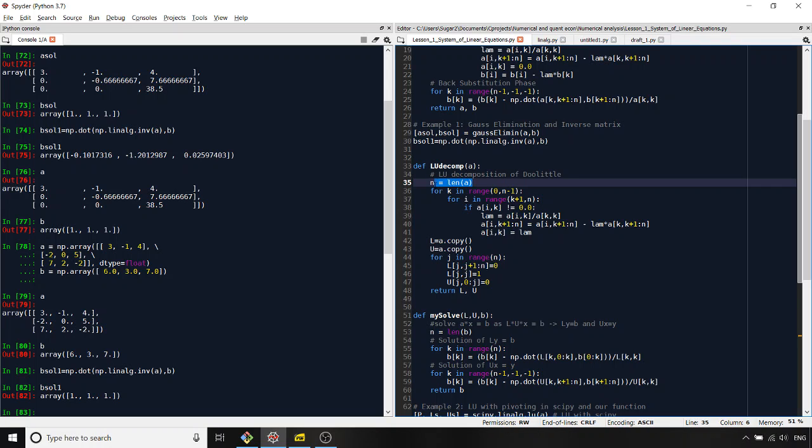So we find the number of elements. All these matrices, by the way, should be square, n-by-n matrices. So this is the size of the row or column, that matters. Then we go through each column, then each row below the column, and we check the same condition, and we do the same multiplication.